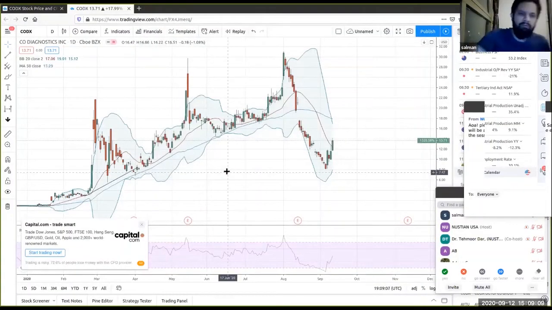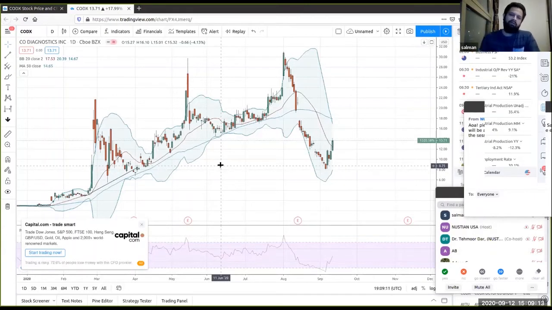As I mentioned in the abstract, we will be starting off with charting Core Diagnostics. Let me see where it is. Yes. Okay. So, hopefully you can see the screen. This is a simple daily chart of Core Diagnostics, and we will be talking about it in a lot of detail.